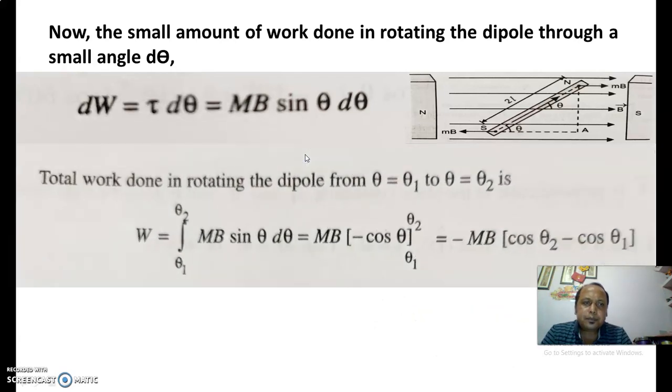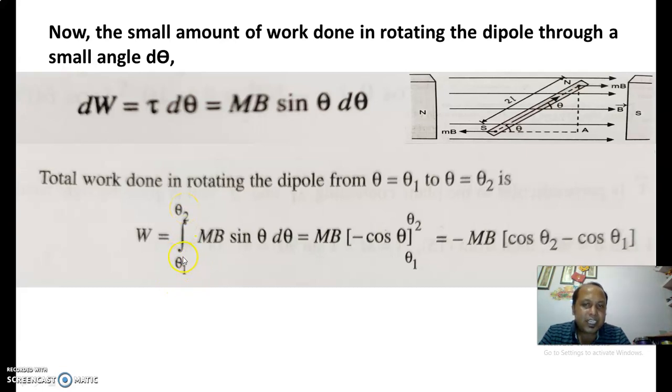Now you can see the total work done. We have calculated the value of the small work done. Now the value of the total work done will be given by the integration of the small work done. In this integration the variable is theta, so theta 1 is the lower limit, that is the initial value of theta, and theta 2 is the final value of theta.